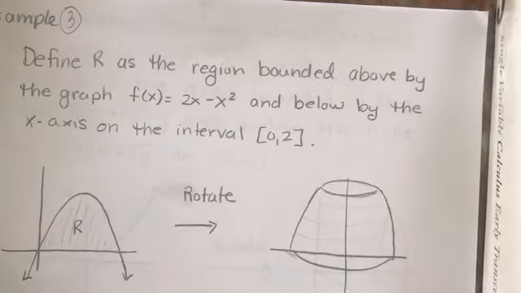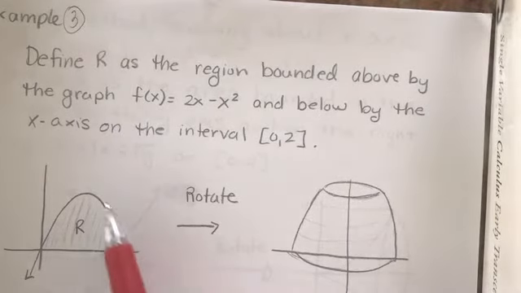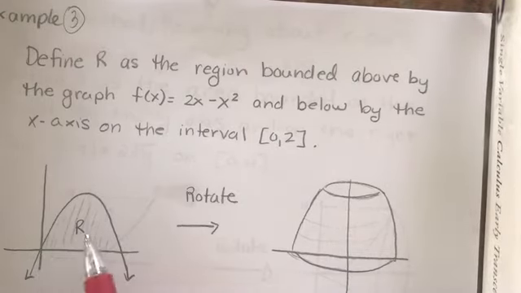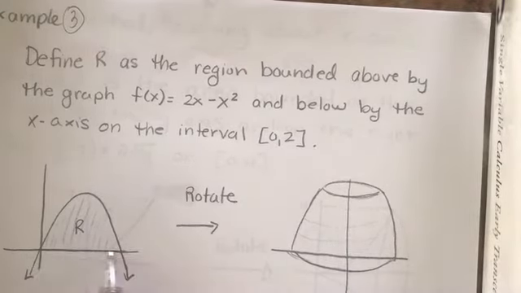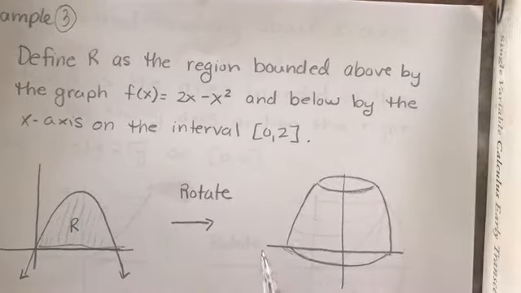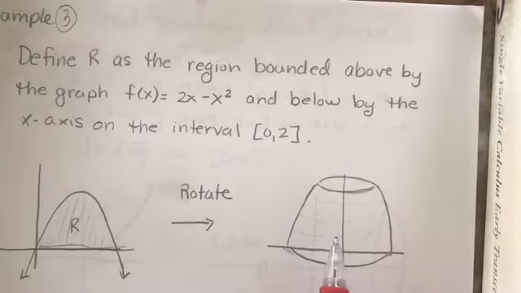All right, here's example 3. We have a parabola here, 2x minus x squared, and it's bounded below by the x-axis. That's just like saying this line right here. That's why this part is shaded. And we now are going to rotate. Oh, we're still rotating around the y-axis. You can see that from the picture.